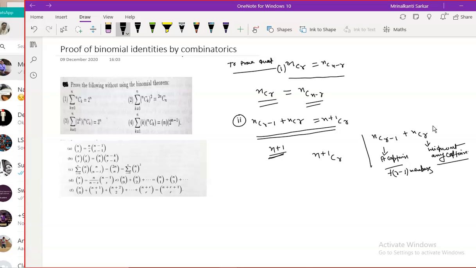Without any captain, you have selected a team of r, or you have selected a team of r people only with a captain. So either or case, that's why these two cases are added.